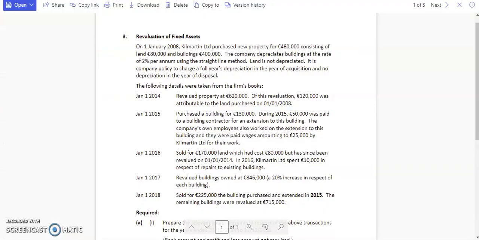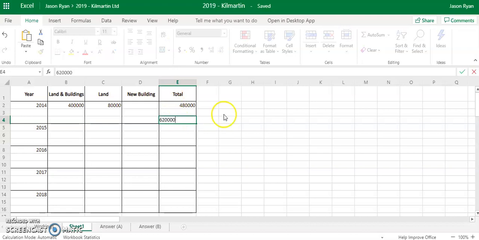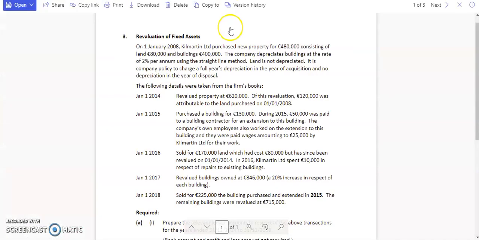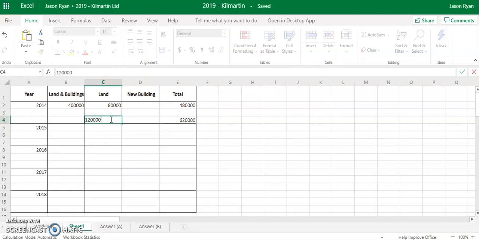So what happened then is on the 1st of January 2014, they revalued the property at 620,000. So the total is going to be revalued to 620. Of this revaluation, 120 was for land purchased on the 1st of the 8th. So this land that we have up here, 120 is going to be revalued. So in here, we're going to have 120. That's going to leave us 500 then for your buildings.